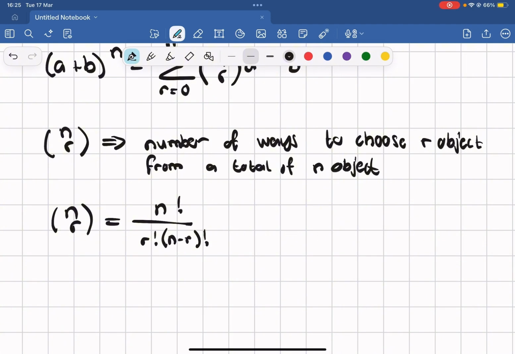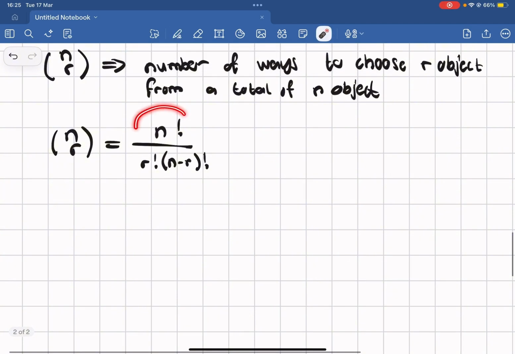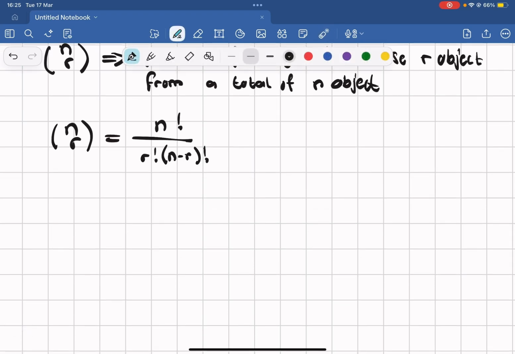So now we need to show where this formula actually comes from. We start off with n factorial, and this n factorial counts the number of ways to arrange the total amount of objects, so in this case n. But the thing is, we're not arranging all n, we're just arranging r objects. So first we imagine that we don't care about the order at all.